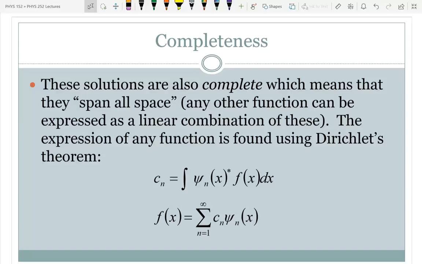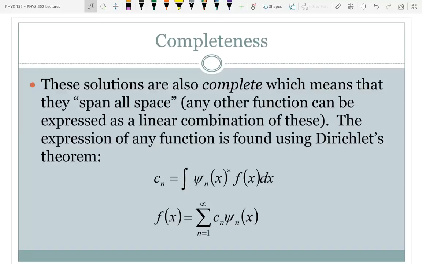But one of the rules of quantum physics is it has to be complete. Our dimensions have to be all of the possible dimensions in the space. Now, we're not going to sit down and prove anything to that effect here. Just to say that one of our requirements is that our solutions span all space, which means that I can take any function and write it as a linear superposition of these.